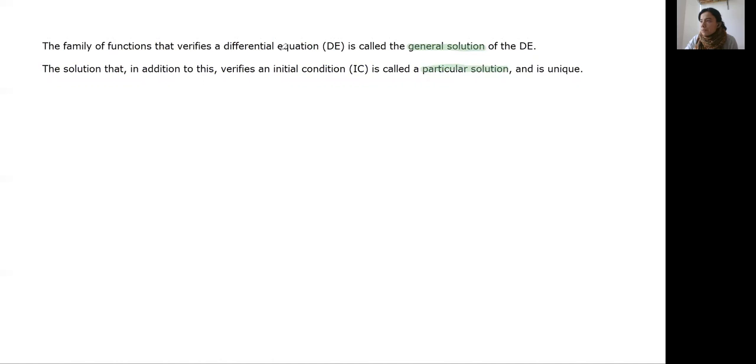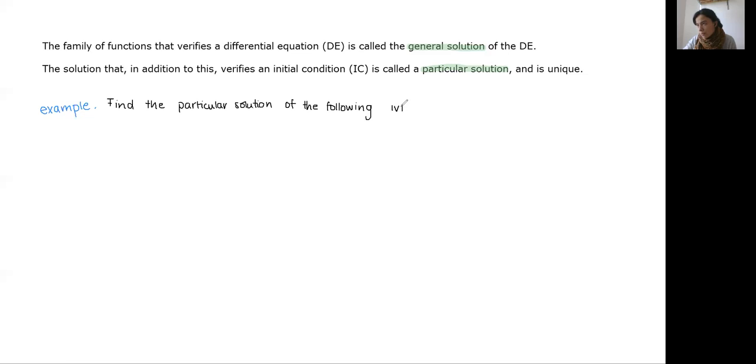So for the next example, I'm going to ask you to find the particular solution of the following initial value problem, right?